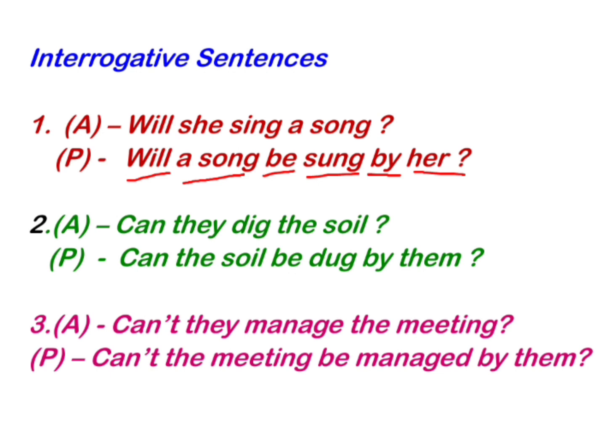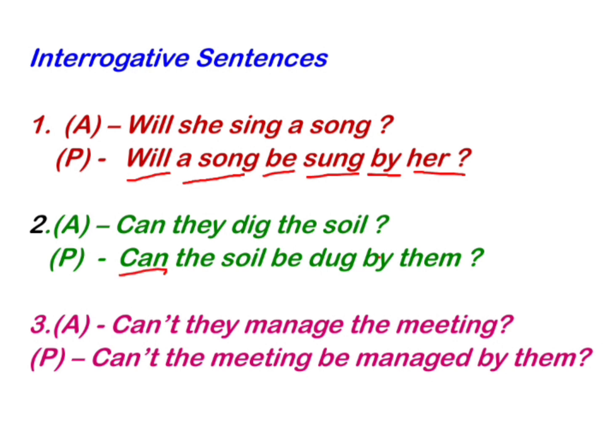The next sentence, can they dig the soil? Can is a modal verb. They is the subject. Dig is the verb. The soil is the object. Since the question is started with can, we have to start the passive voice also with the same can.